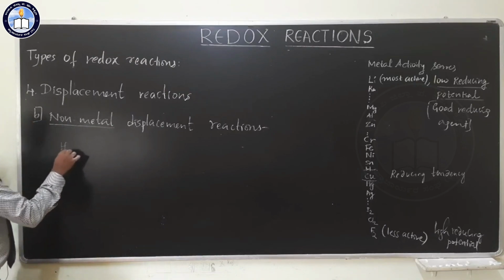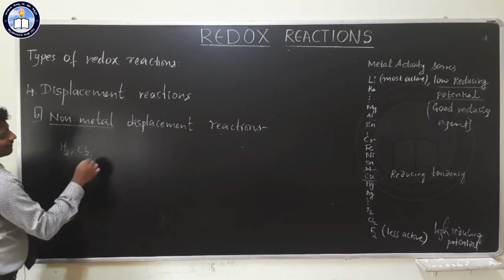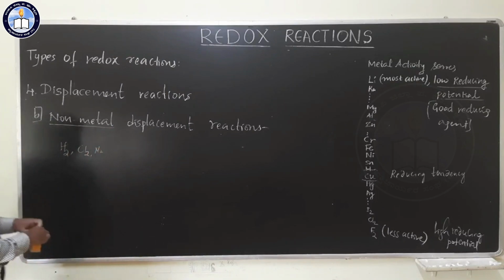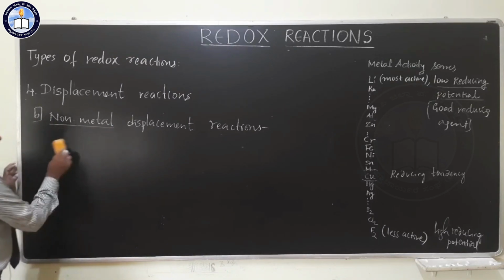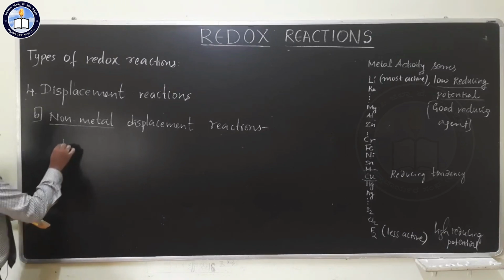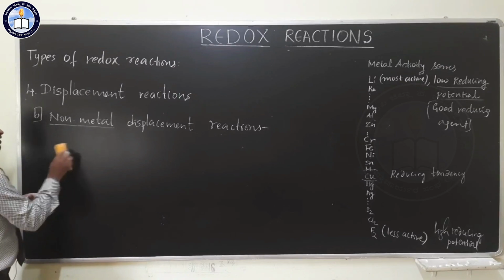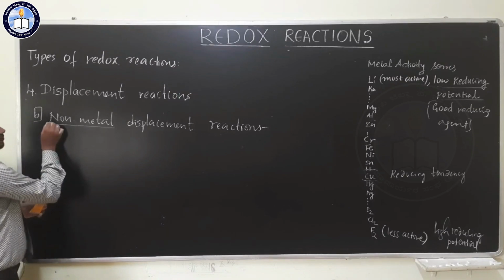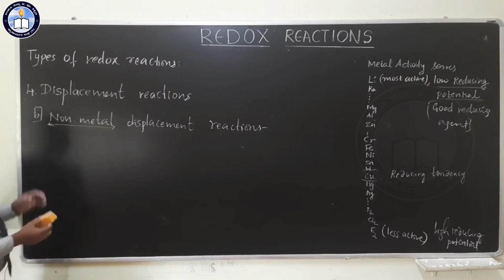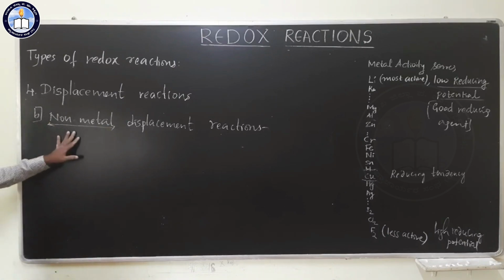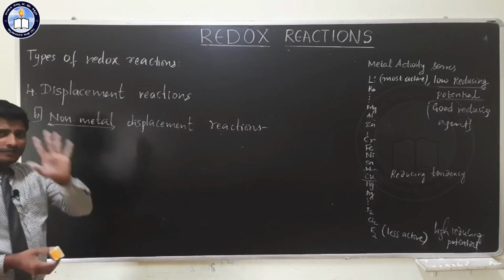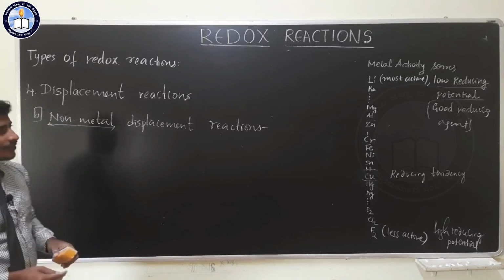Non-metals like hydrogen, Cl2, N2, many are there. In most cases, hydrogen gas is displaced, and sometimes even halogens also. Now we'll study this non-metal displacement reaction with 5 different subheadings.